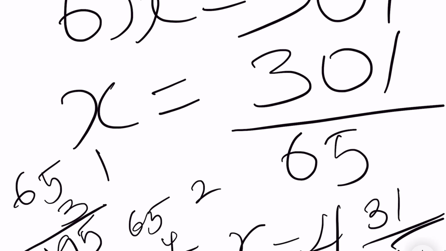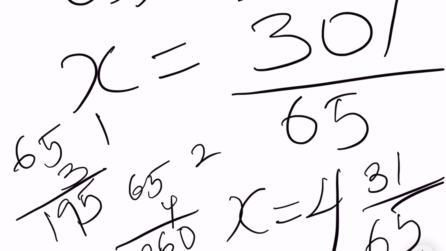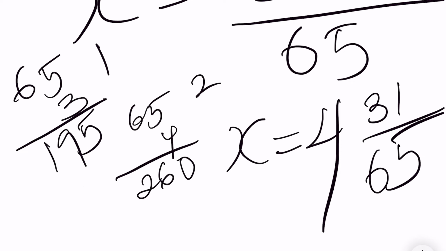So our answer is 4 whole number 31 over 65 for x.